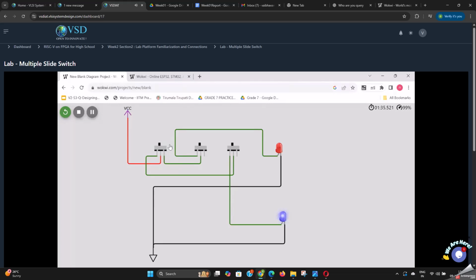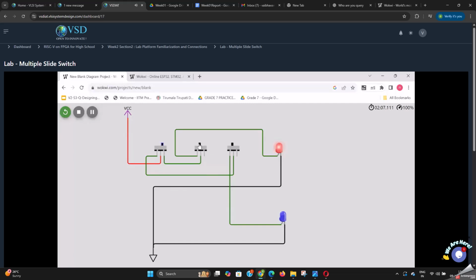Now I am going to operate this switch. Let's see what happens. If I operate this switch, you see that this LED is off, this LED is on. If I operate the first switch, red LED goes on, blue LED goes off.